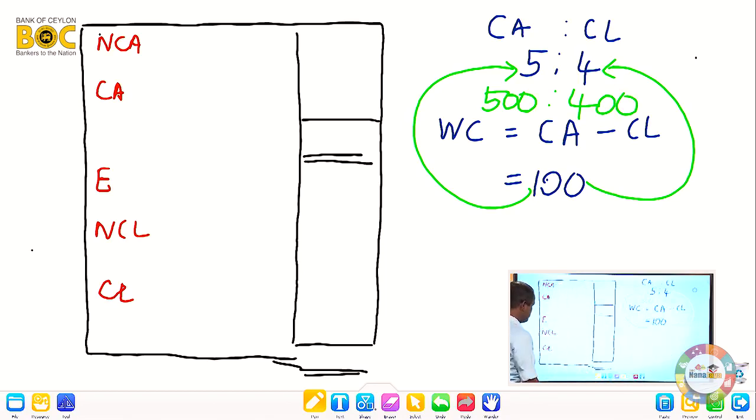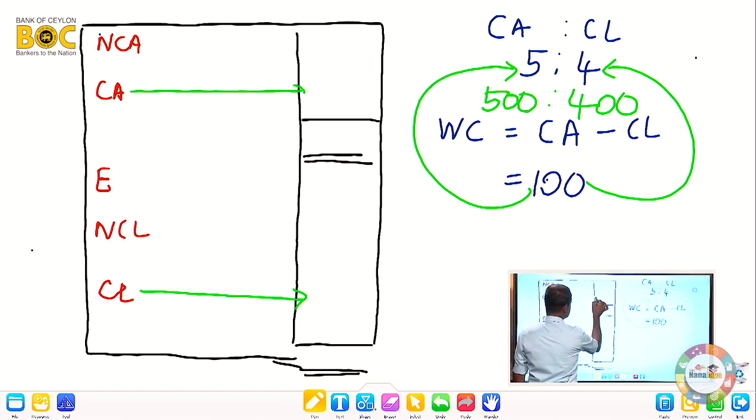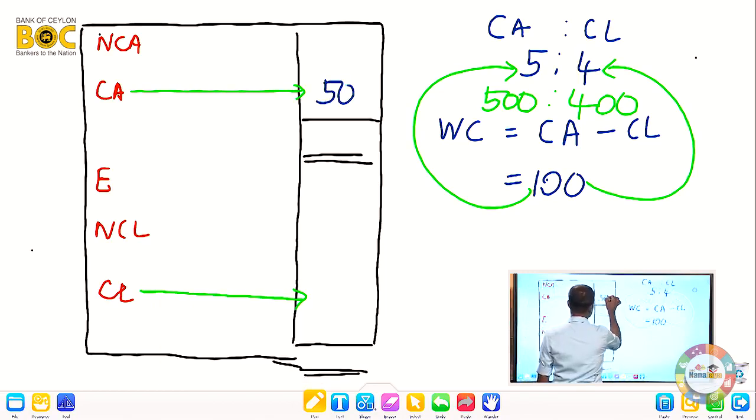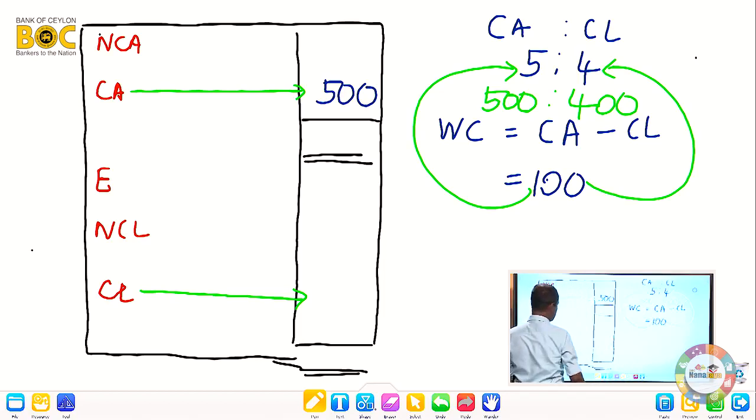In the financial position, current assets are 500 and current liabilities 400.